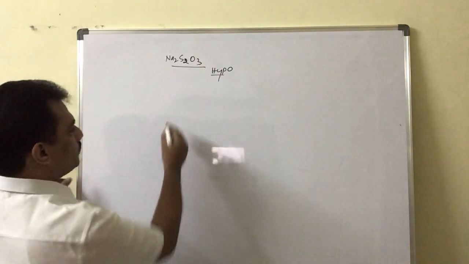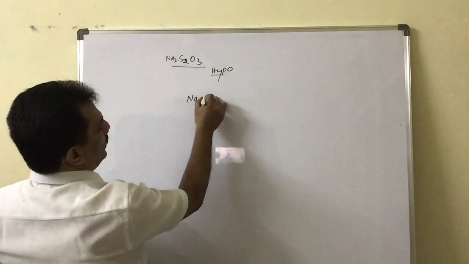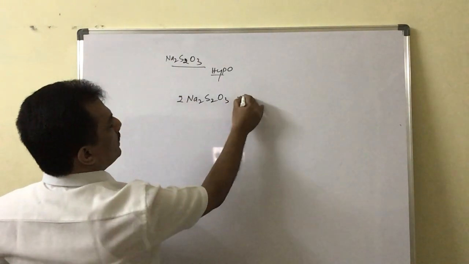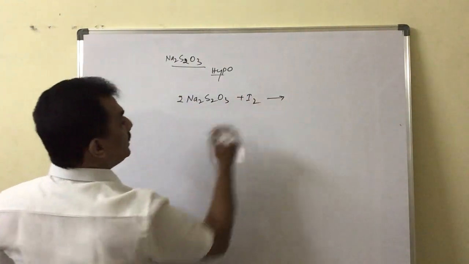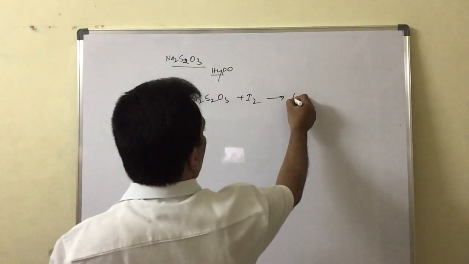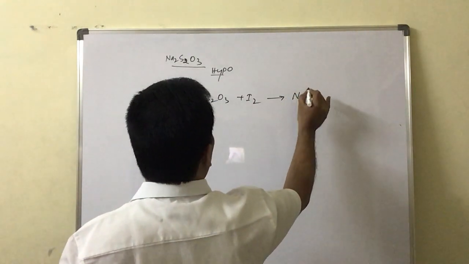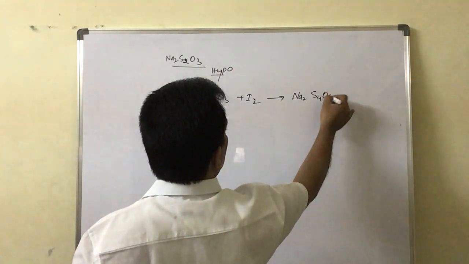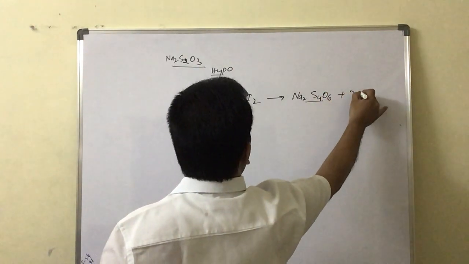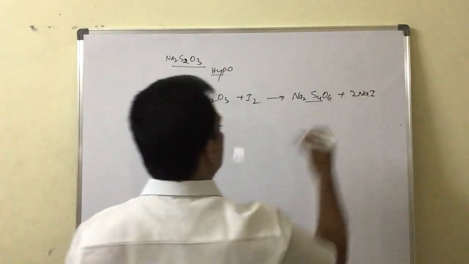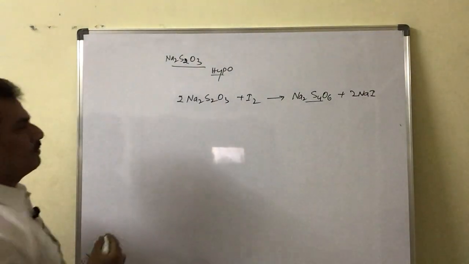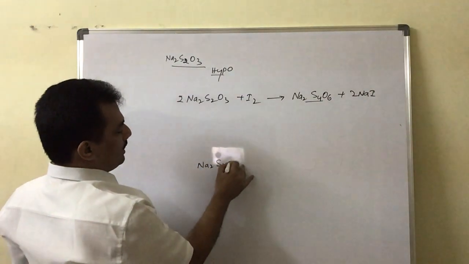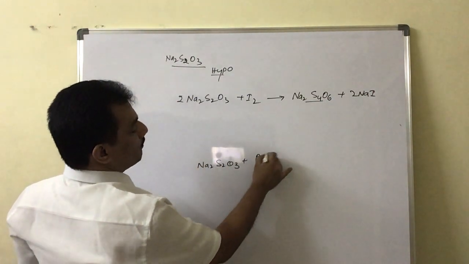Let me give those two. 2 moles of Na2S2O3 when reacting with iodine give Na2S4O6 plus 2NaI. This is the first one. And now let me give the same compound when it reacts with bromine.